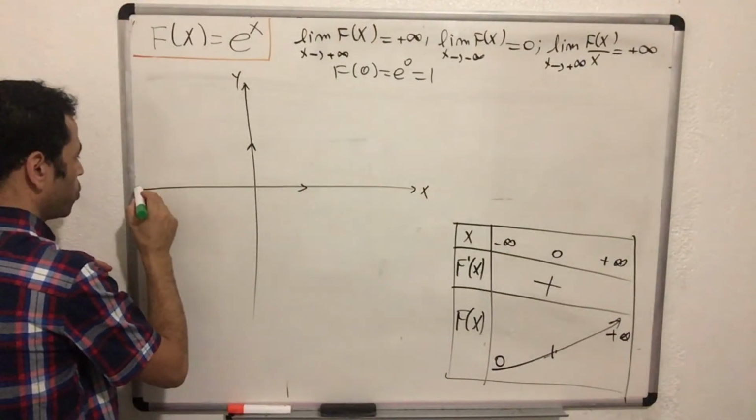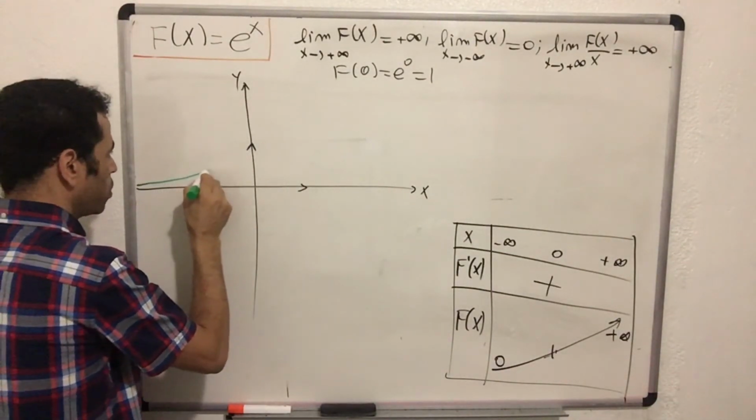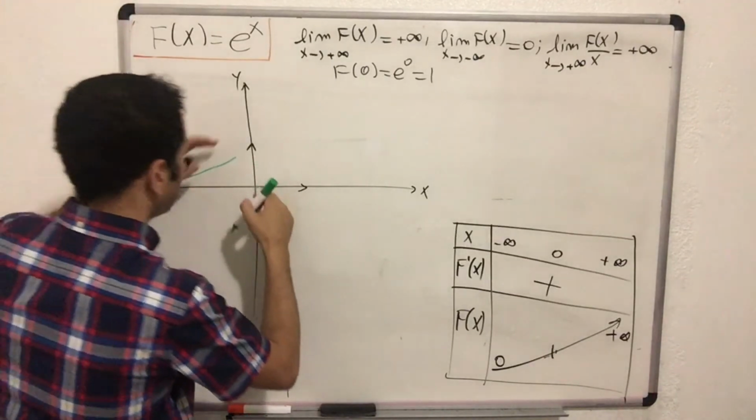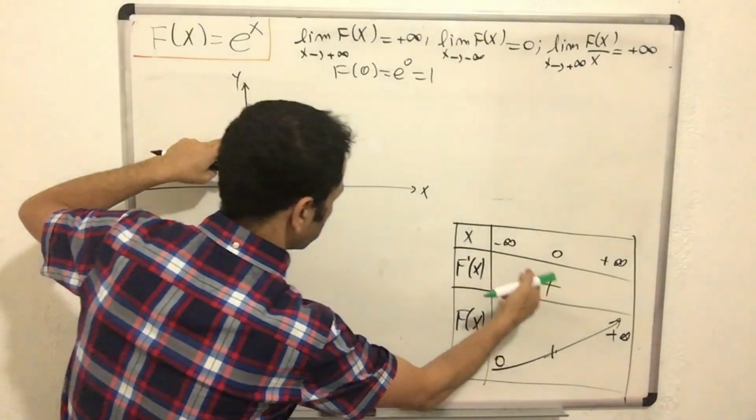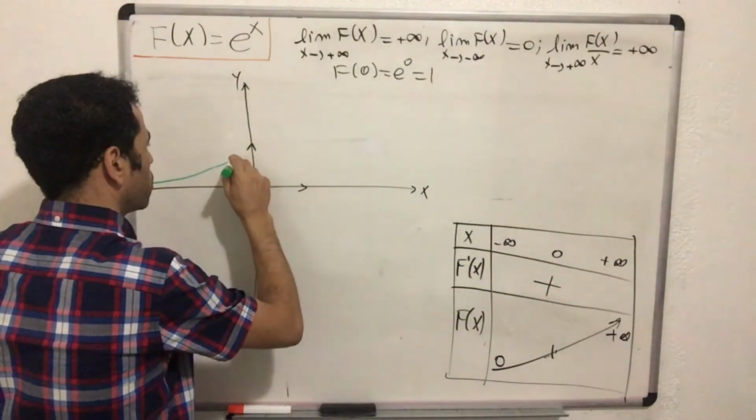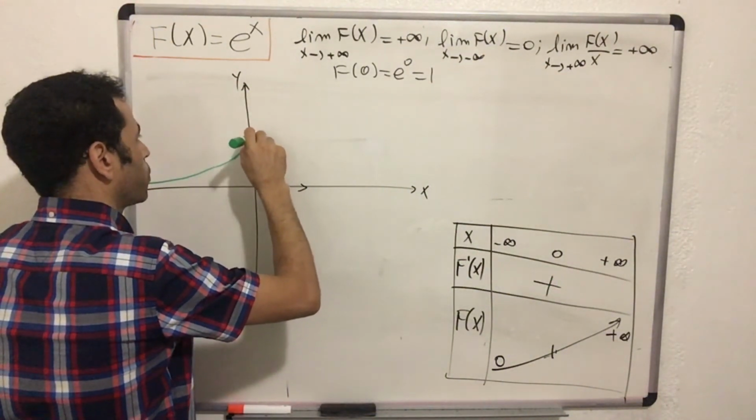It's coming from this way and keeps coming, crossing the vertical axis at the point 1. So this one is (0, 1) here, and it keeps going up.